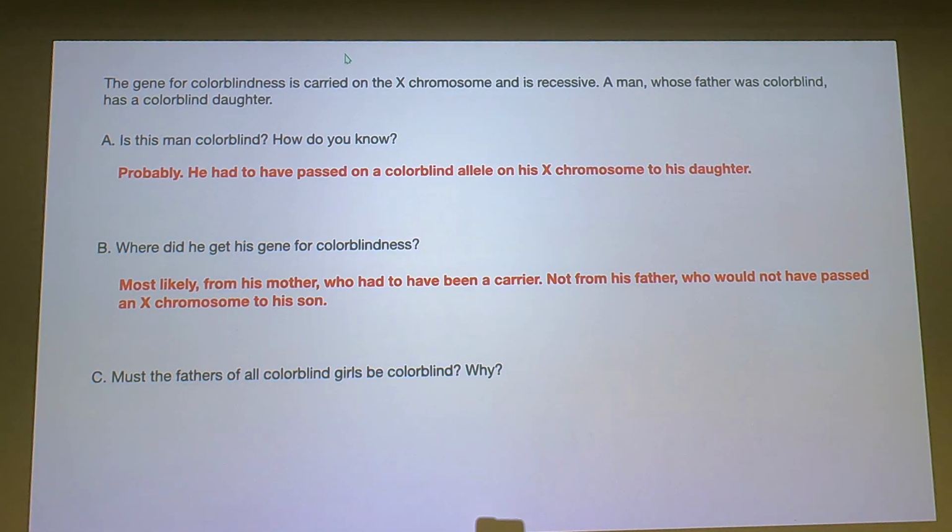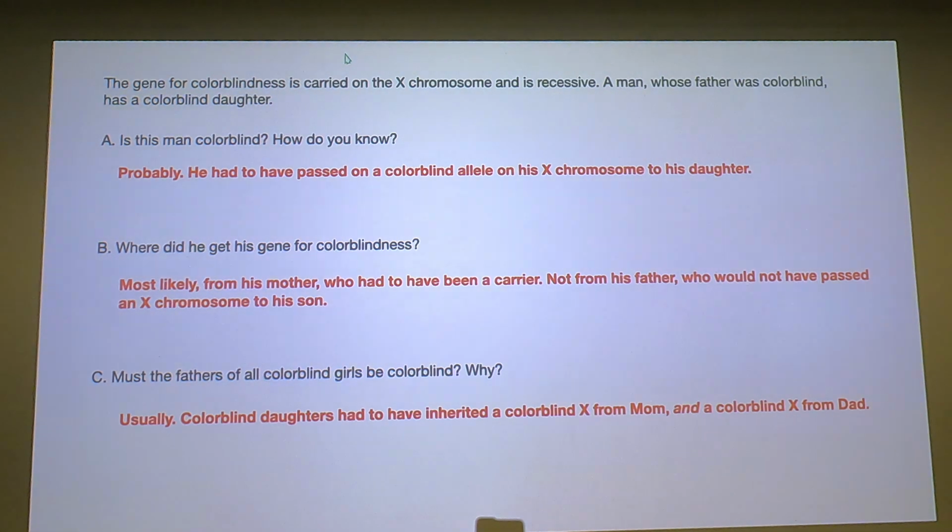So good thinking outside the box here. But in general, yes, usually. And like you just said, not always. There's ways we could expect a mutation to spontaneously arise. But in general, colorblind daughters had to inherit a colorblind X from mom and a colorblind X from dad.